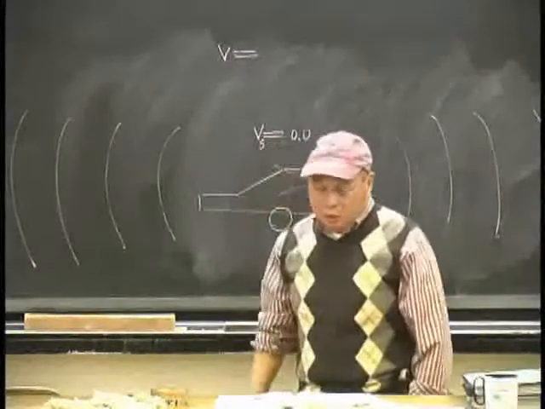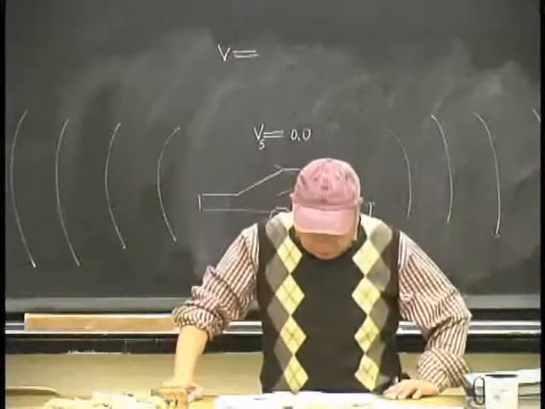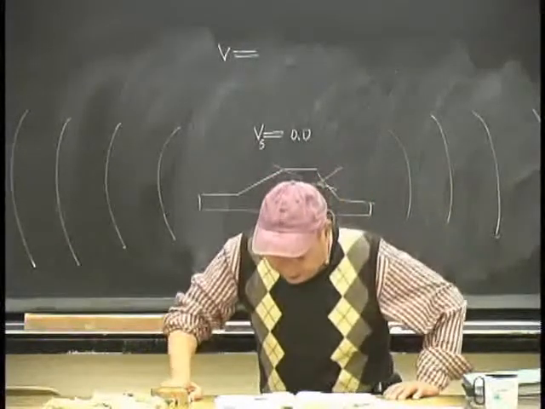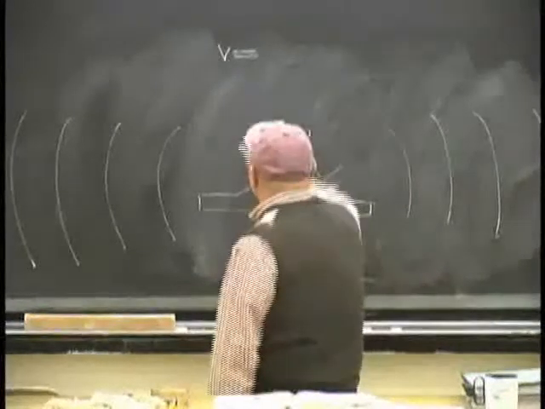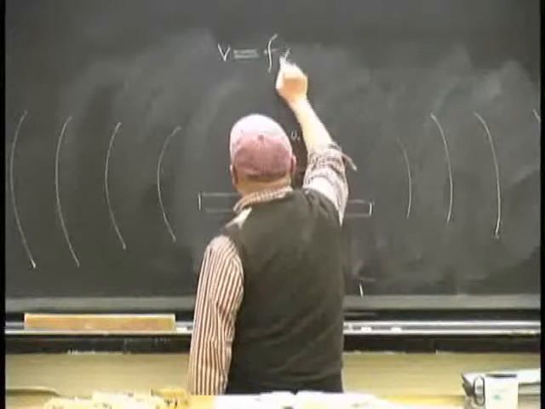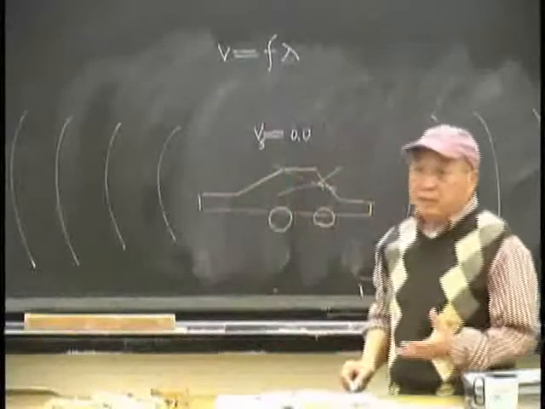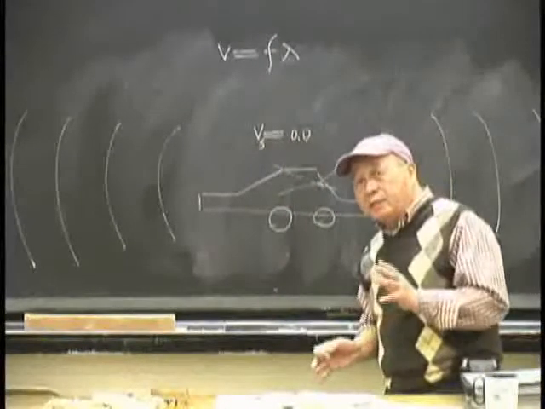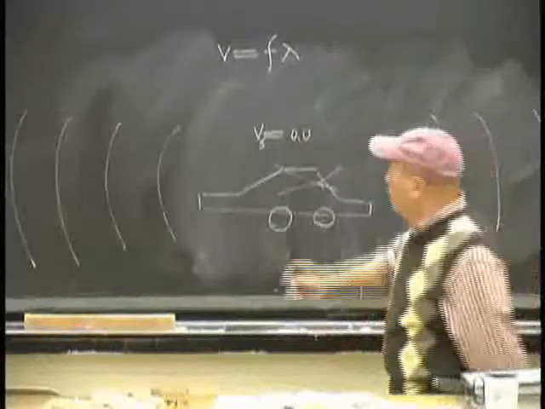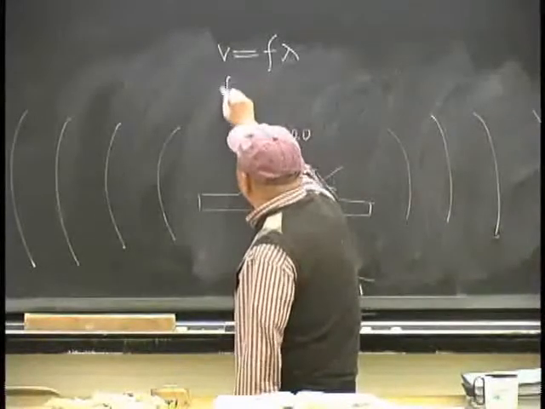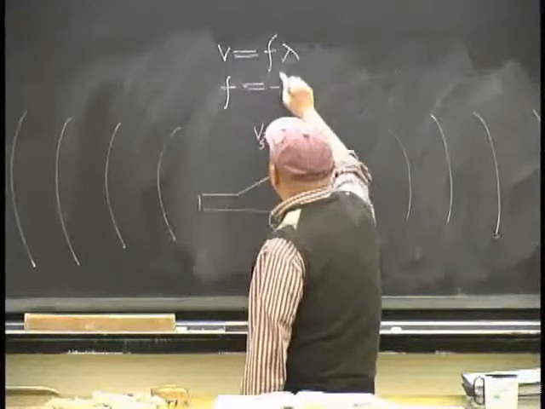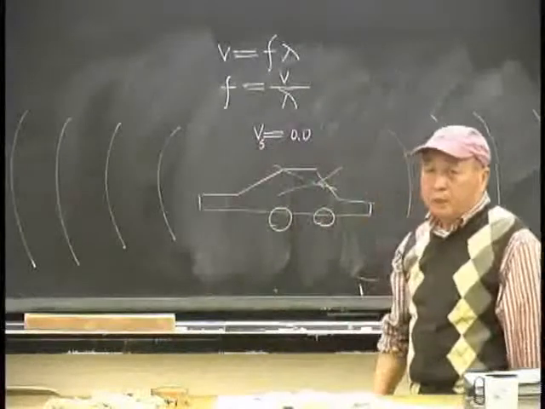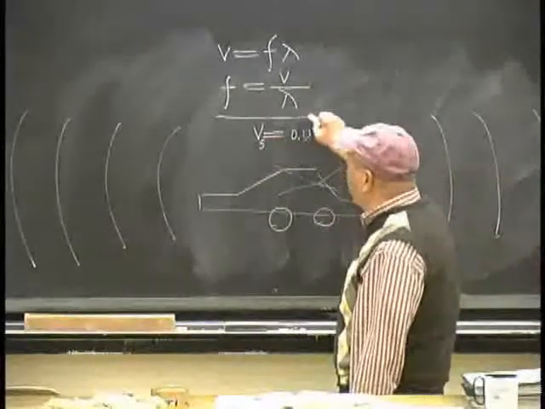Now we go to the speed of sound. The speed of sound is considered equal to v, and that is equal to f times lambda. Using what you know, frequency times wavelength is equal to the speed of sound, and using simple algebra, frequency equals velocity divided by lambda.